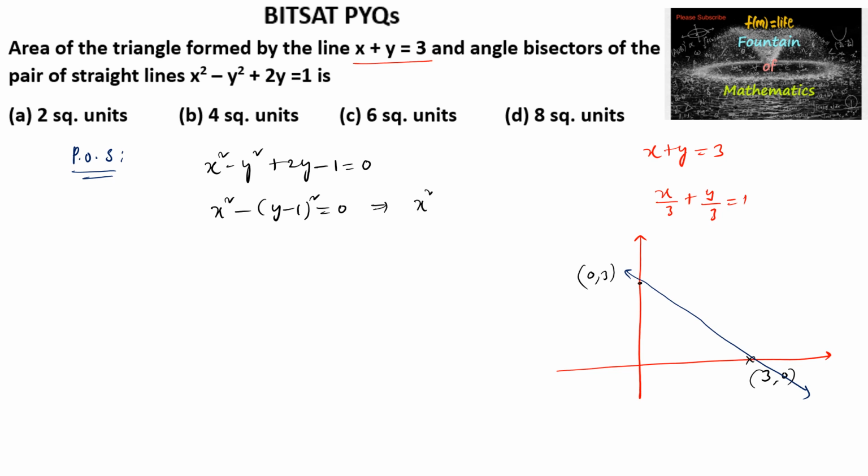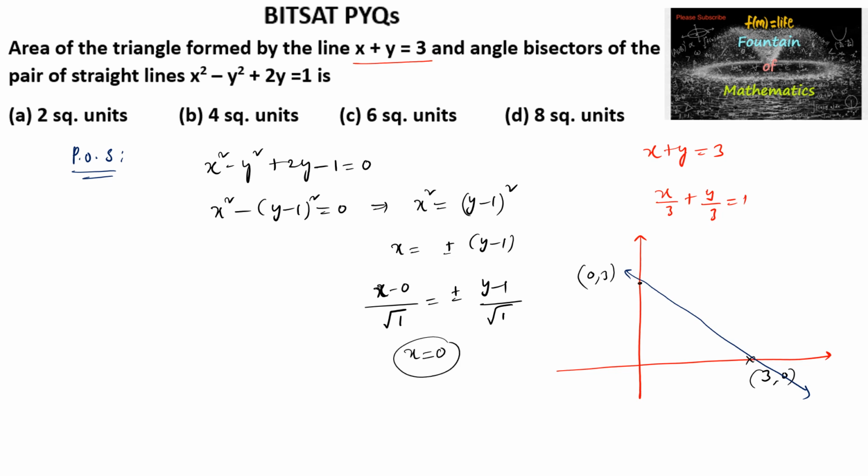Which implies x square is equal to (y minus 1) whole square, or x is equal to plus or minus 1 of (y minus 1), or this can also be written x minus 0 upon root 1 is equal to plus or minus (y minus 1) upon root of plus 1, which is in the form of bisector equations of the two lines. x is equal to 0 or x minus 0 is equal to 0 and y minus 1 equals to 0.